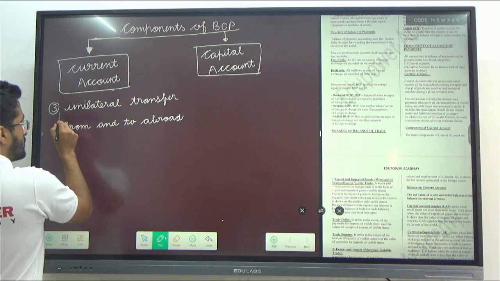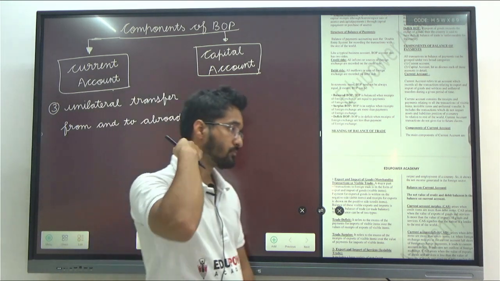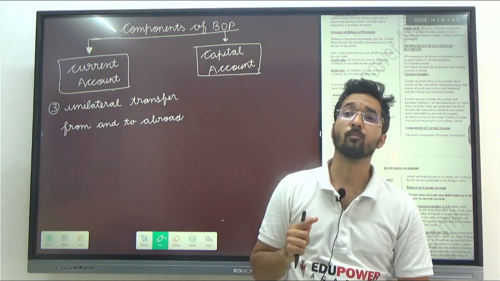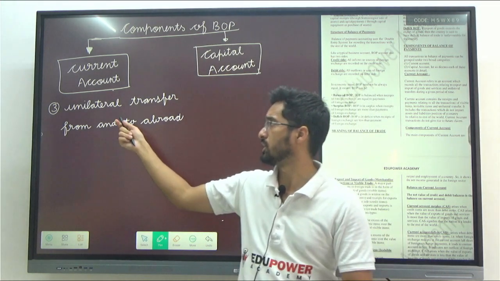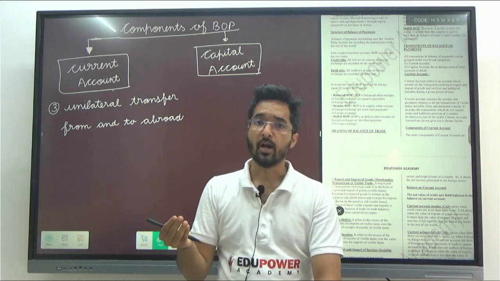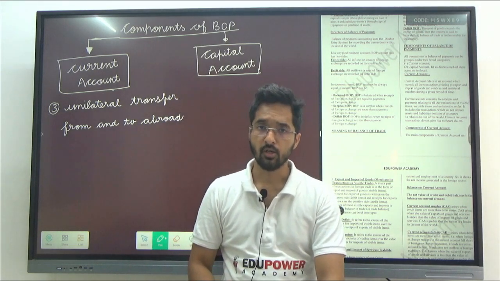What is a unilateral transfer? They are the transfers for which goods or services are not provided in return. These are transfers where only the money is transferred and no goods or services are provided in return.